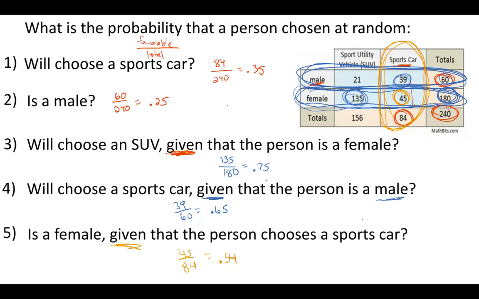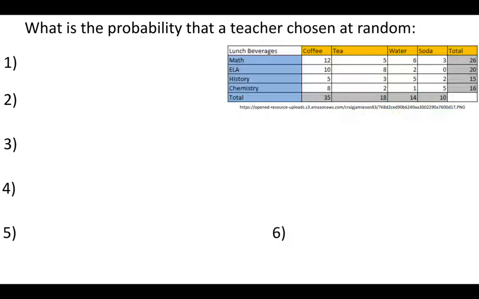So let's look at the next one. This one we're looking at teachers by subject and what drinks they prefer with their lunches. So start basic. What's the probability that any random teacher prefers water? Okay. So there's no given, so we don't need to hone in on one specific number.